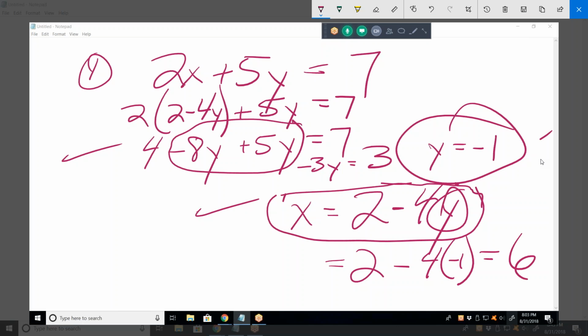So the difference between using elimination and substitution required an extra step. In other words, to use elimination on this was easier, in my thinking, than using substitution, because to use substitution, you had to solve one of these equations for one of the variables, and then go in and solve it slightly different than you would with elimination.